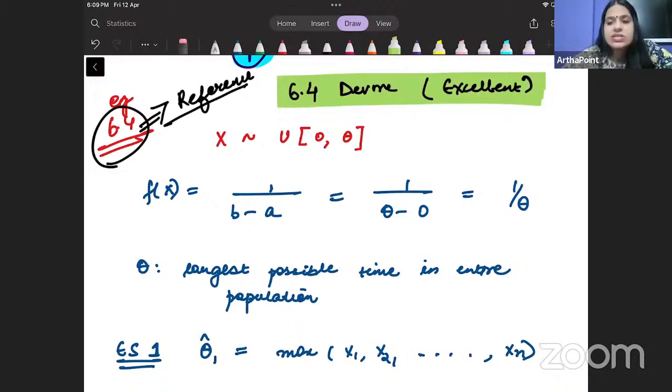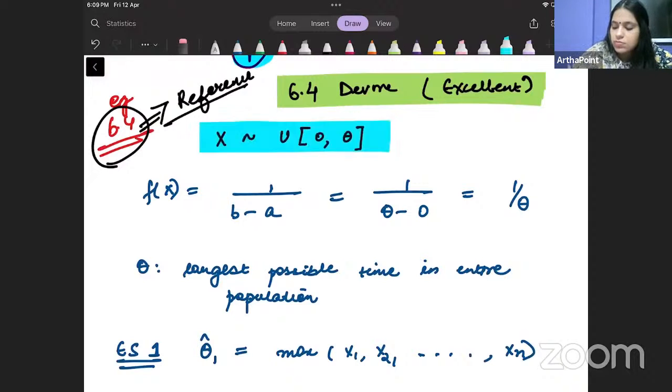Very, very good example. Let us try to read this out better. So it says that assume that X is uniformly distributed between 0 to theta. Right? And so just try to see this thing.